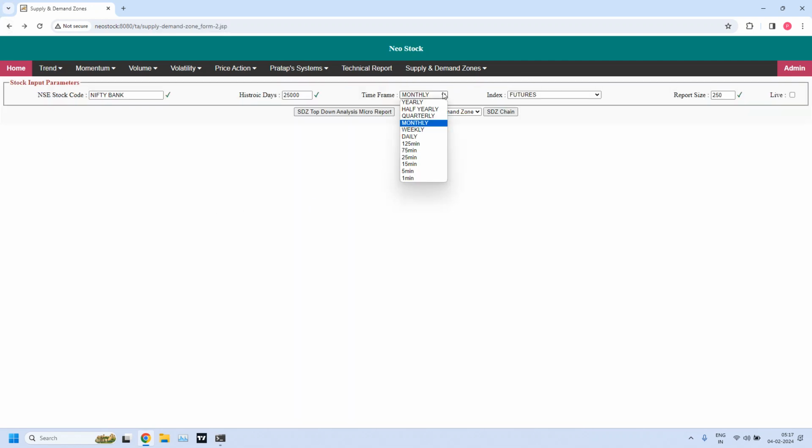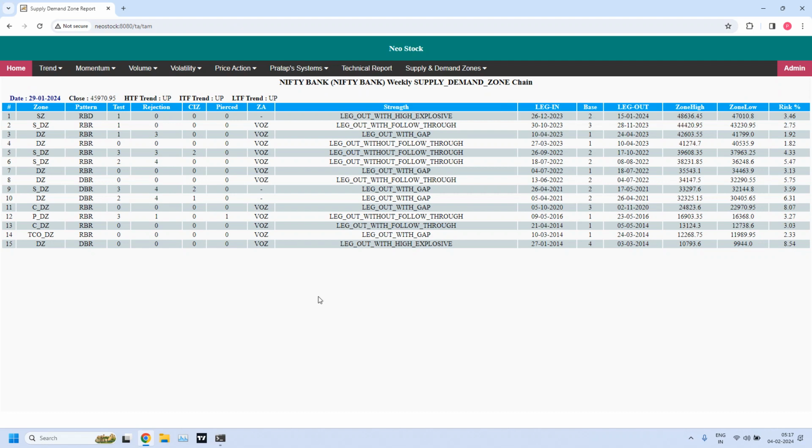Now let us change the time frame to weekly. And recently a supply zone was created, that is on 15th January. Still it is an active supply zone.